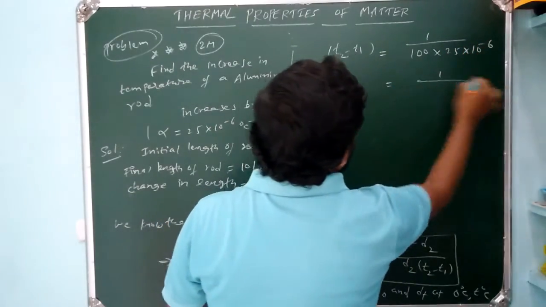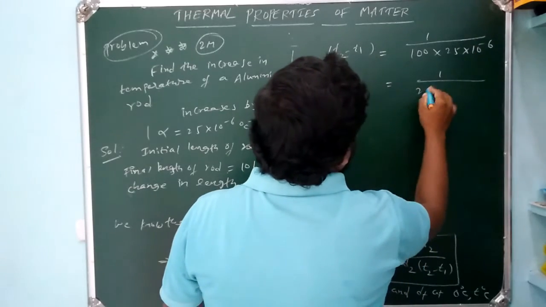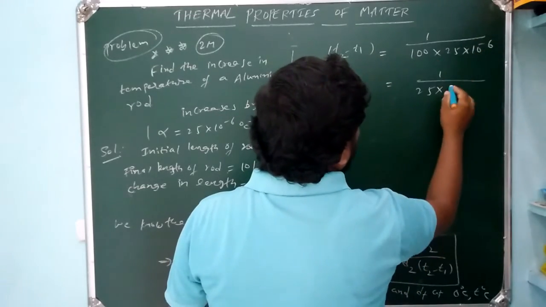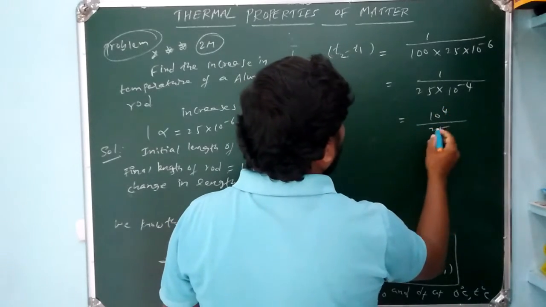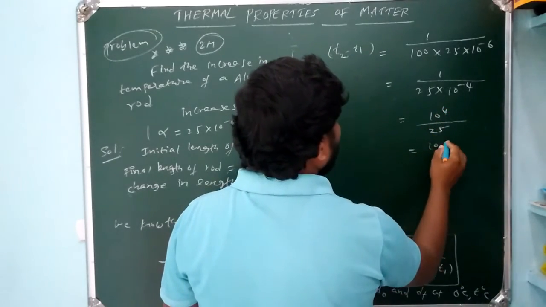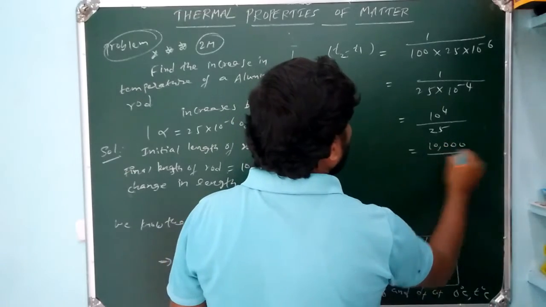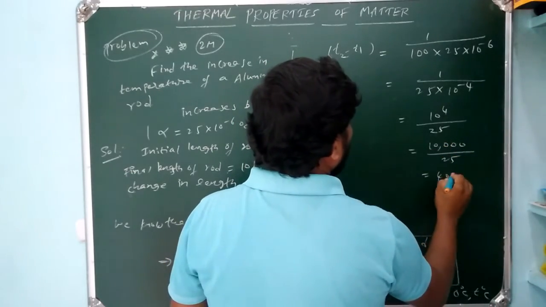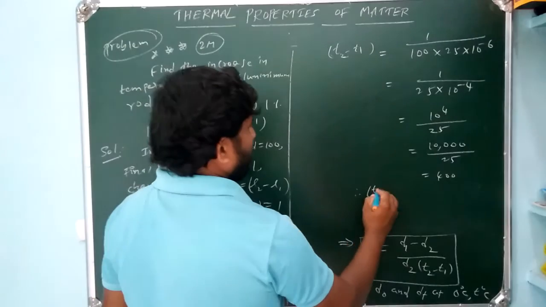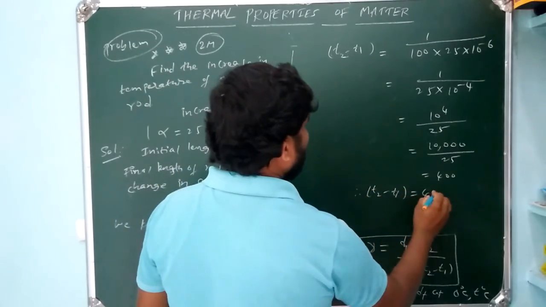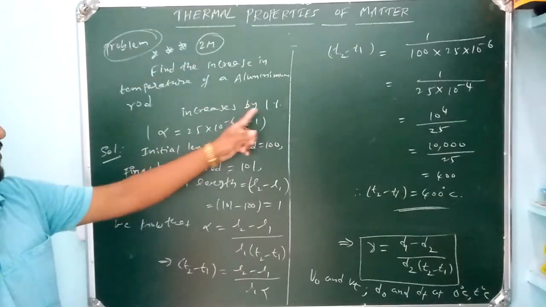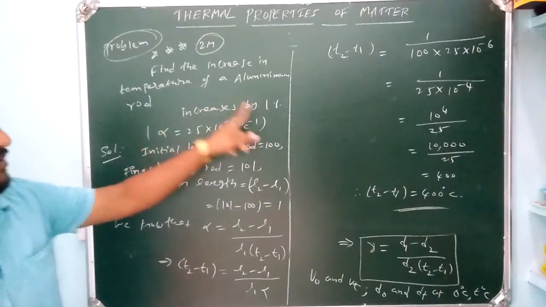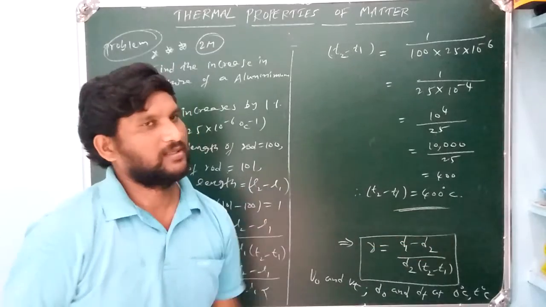It can be written as 1 by 25 into 10 power 2 times 10 power minus 6, which becomes 10 power minus 4. Taking it to the numerator, 10 power 4 by 25. 10 power 4 is 10,000, and 10,000 by 25 becomes 400. Therefore T2 minus T1 is 400 degree centigrade. If the length is increased by 1%, the increase in temperature is 400 degree centigrade.